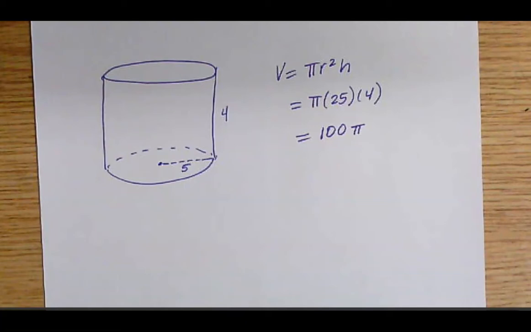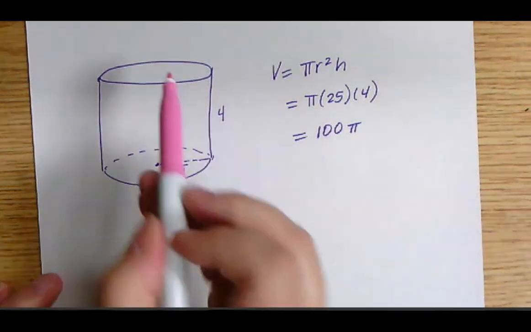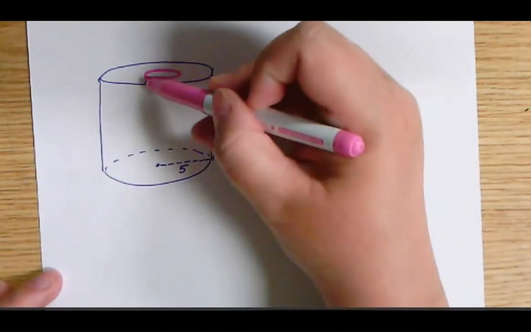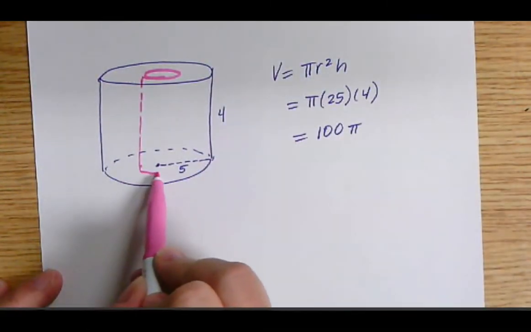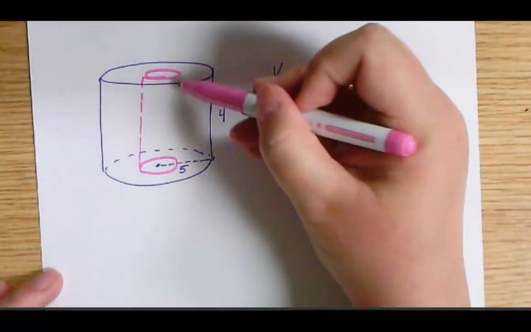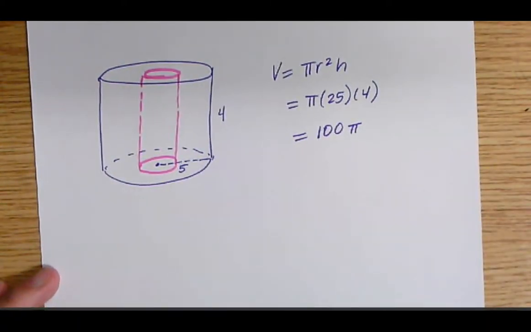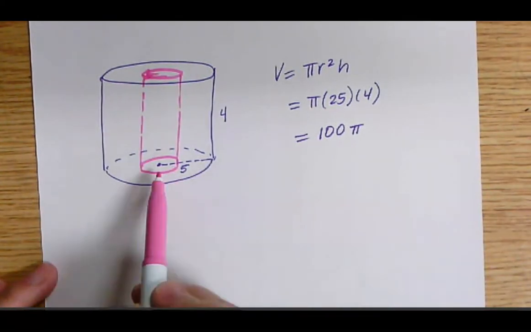Okay? So what we're going to do with a hole, it's kind of like what we did with compound figures, except we're not adding figures together. We're going to take it out. Okay? It's like we have to carve this hole out of the middle. It's kind of like a roll of toilet paper. I did not draw it very well. Okay, that hole that we're carving out of the middle has a radius of 2.